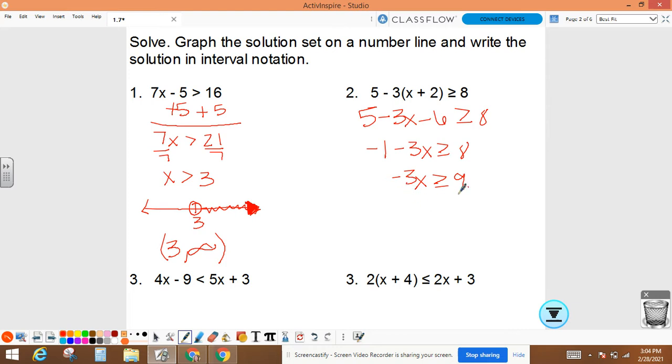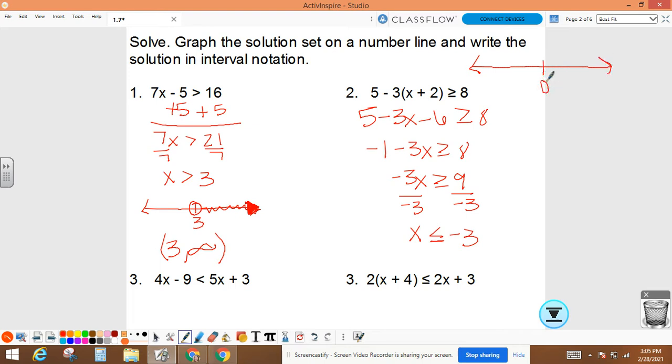Then we're going to divide by -3. I am going to write that step down because I need you to see I'm dividing by a negative, so I'm going to flip that inequality symbol. The easiest way to explain that is to think about a number line and how numbers work.